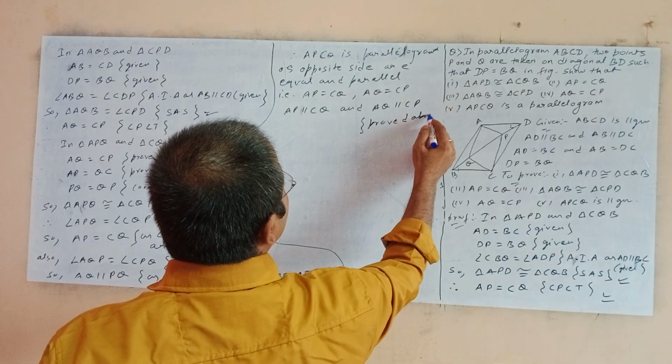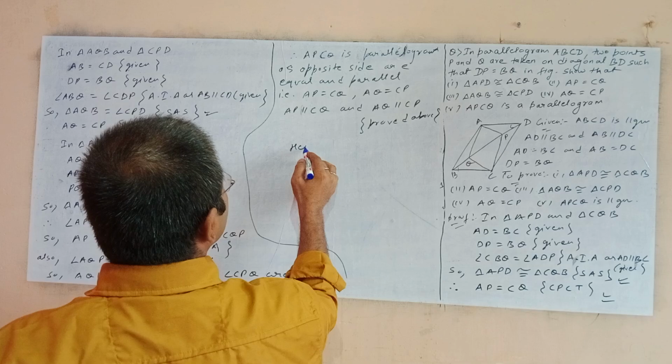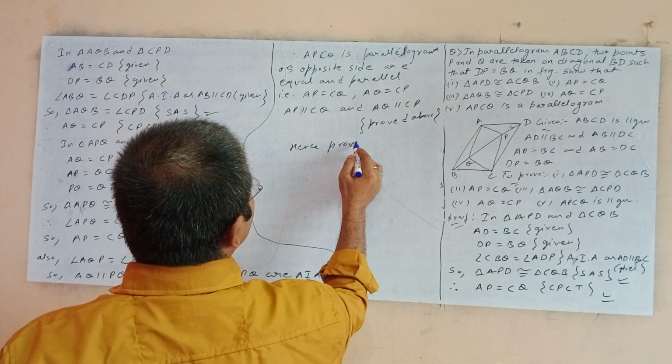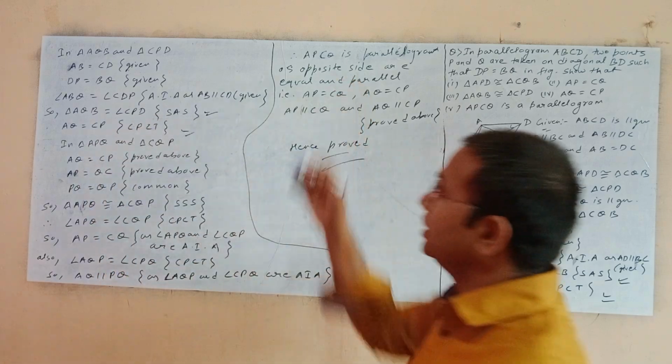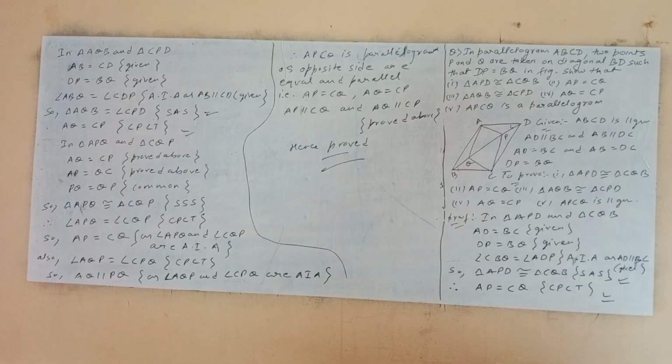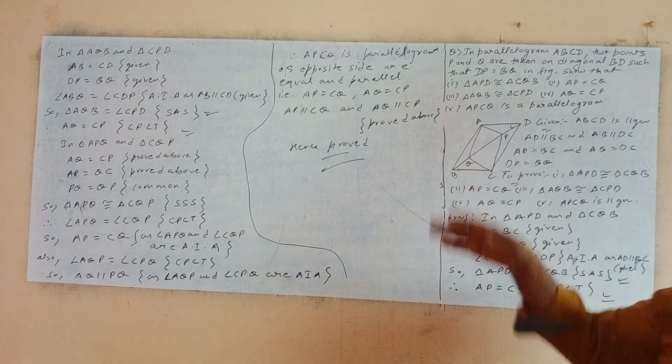Hence proved. Now we have proved that APCQ is a parallelogram. See how you will write the solution.